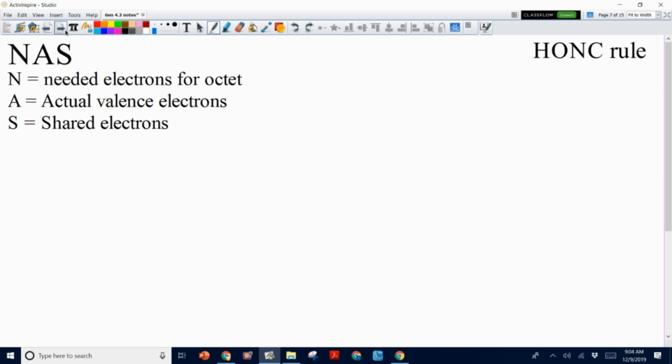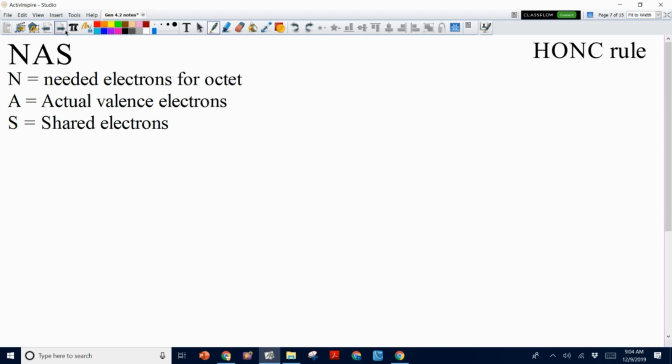So that's where they get the word octet. There's only one exception to that, and that is hydrogen. Since it only has one shell and only 2 electrons can fit in that first shell, it only needs 2. But every other element on the periodic table is an octet, which means 8.